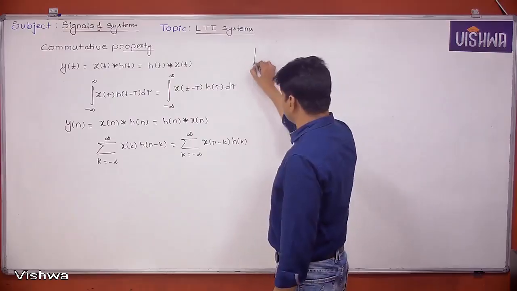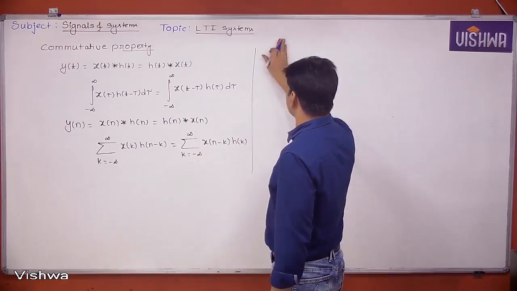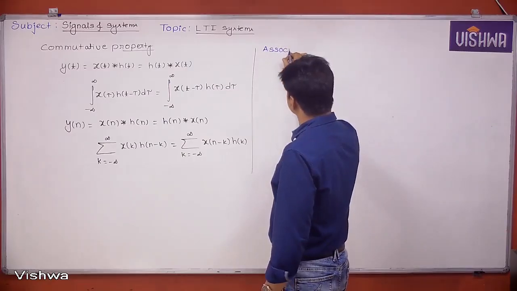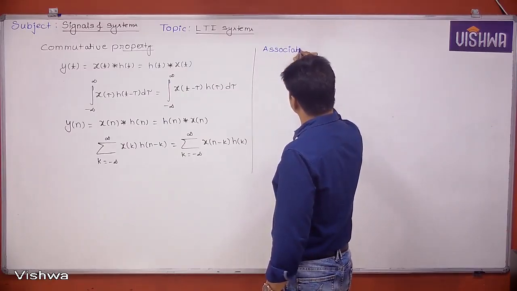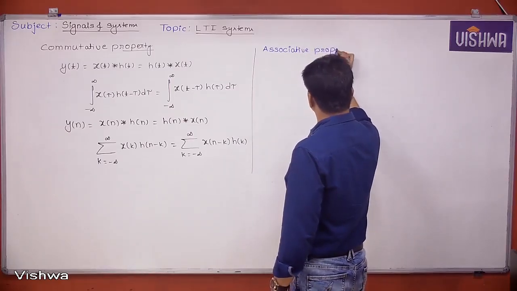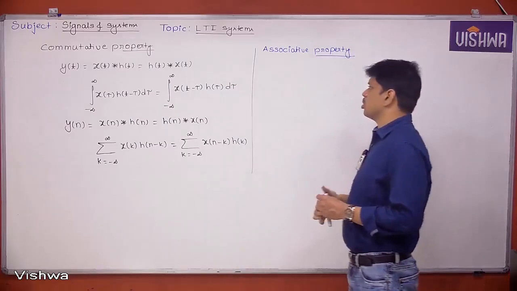The next property we have to see is the associative property.